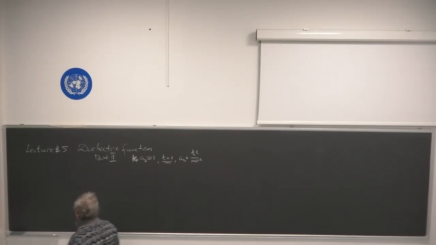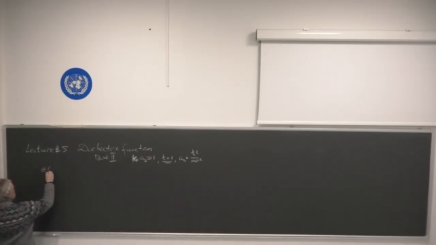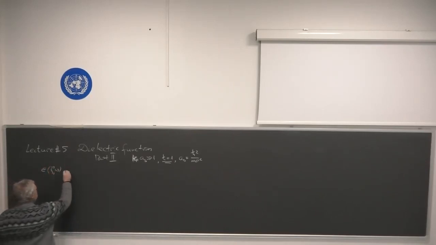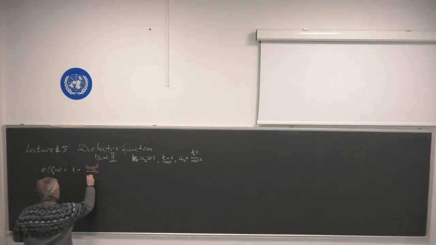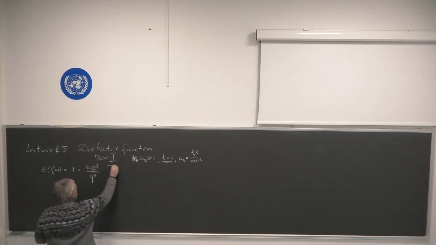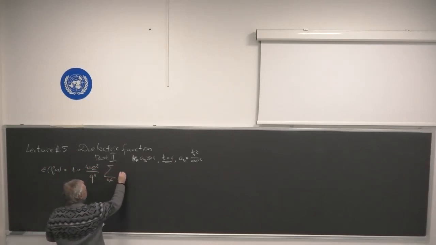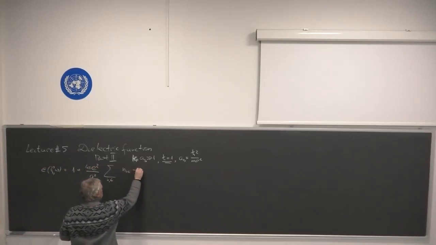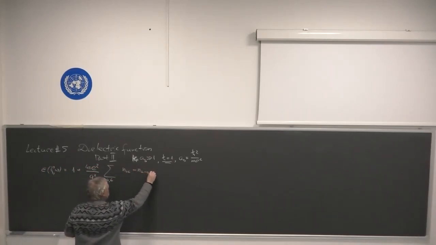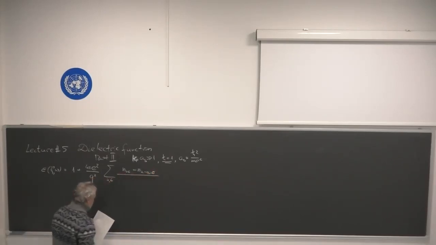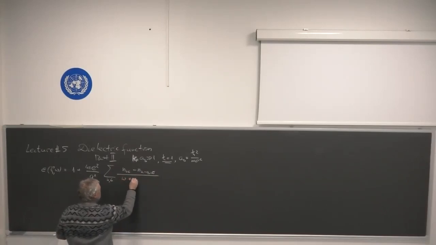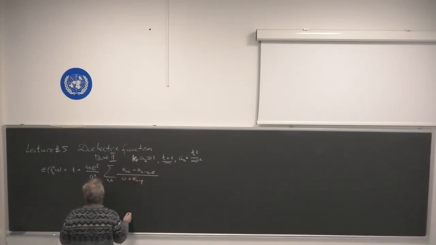So we derived the dielectric function epsilon as a function of q and omega, so momentum and frequency, and it is written as 1 plus 4 pi e squared divided by q squared, and here we have the sum over k sigma, n_k sigma minus n_{k minus q} sigma, divided by omega plus epsilon_{k minus q} minus epsilon_k.